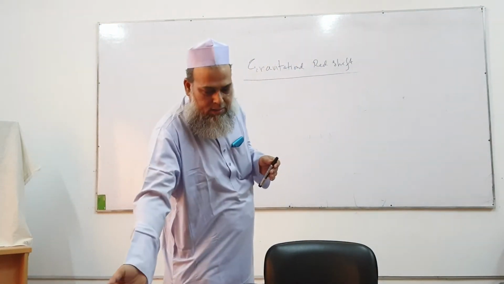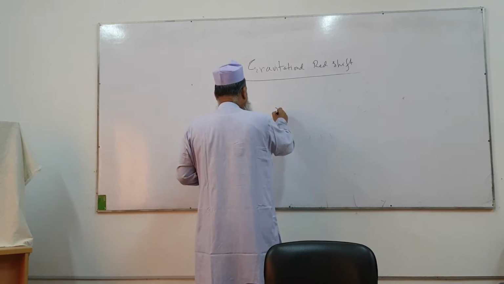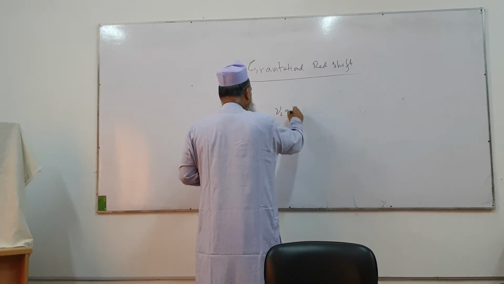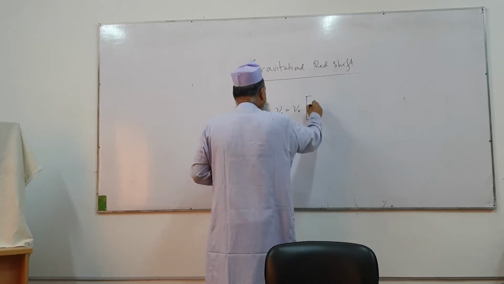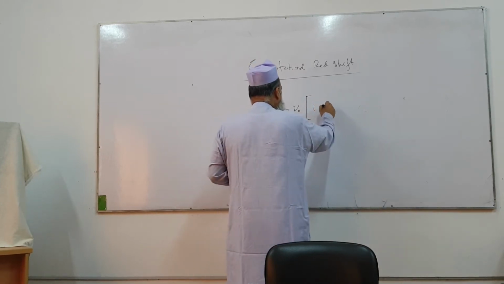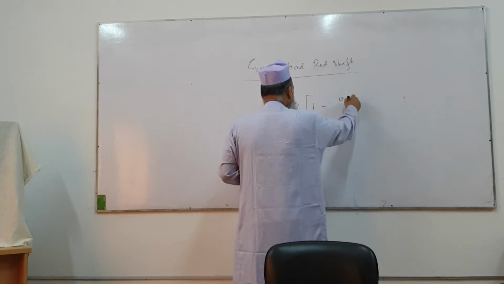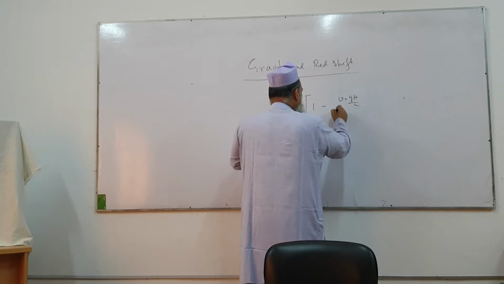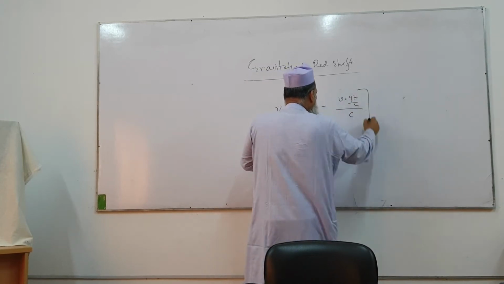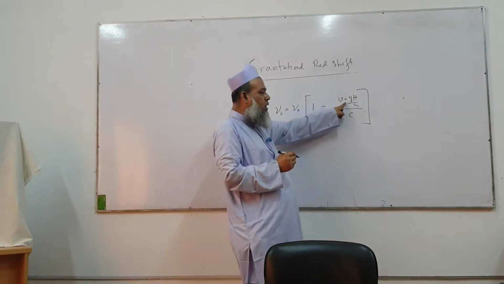The frequency is now nu 2 equals nu naught times 1 minus v by c, where v is V plus g h by c, divided by c. Right? This is the velocity now.